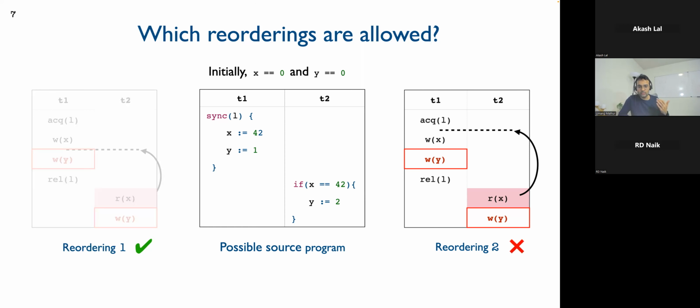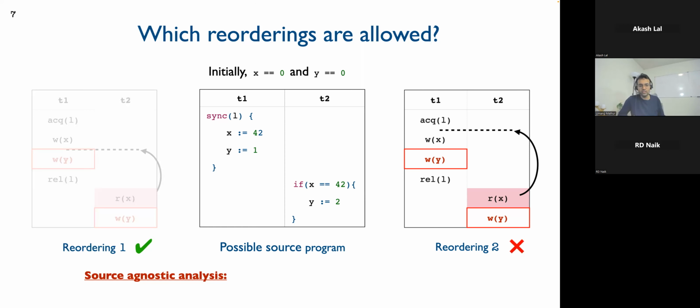So the bottom line is that I want to do a source agnostic analysis, in the sense that I want to be conservative, and I don't want to think about the possible program that the execution might have come from. Maybe if I had access to the program, I could have incorporated it. But for now, I want to only look at the execution without any understanding of the programs, because I would again go into the whole class of static analyses, which are expensive.